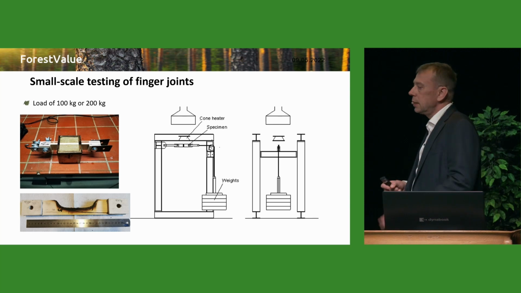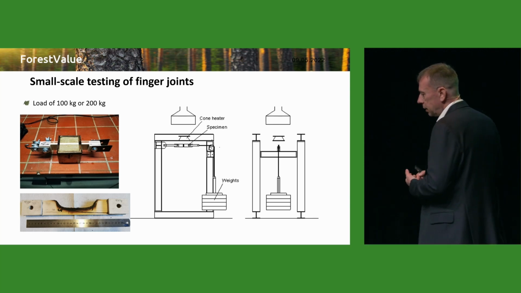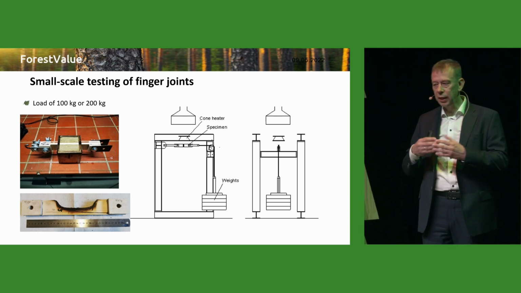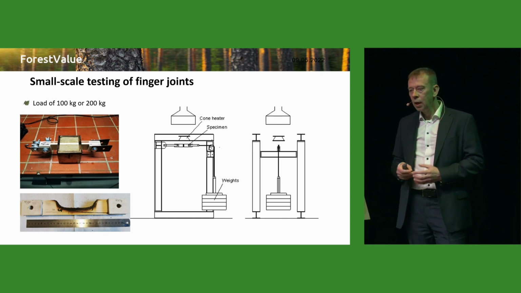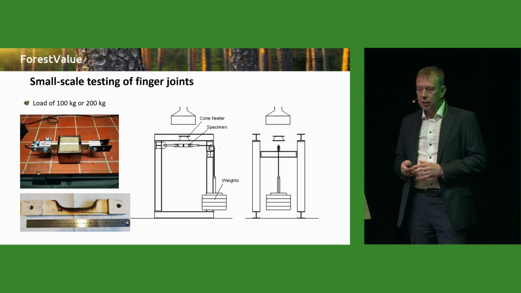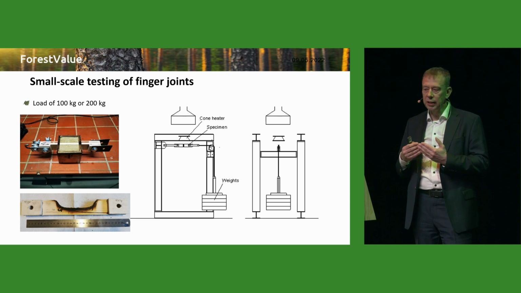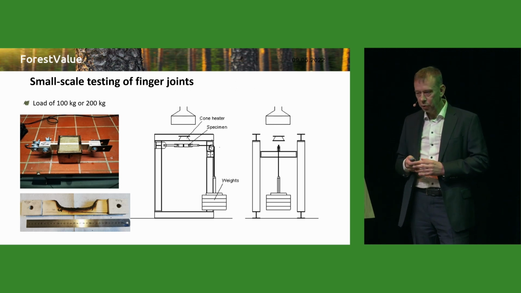Another method we tried is small-scale testing of finger joints, and we did static tension loading while we heated the specimens under the cone heater. You see the specimens at your left. It was one-sided fire exposure from the cone heater. The lateral sides were protected with stone wool.